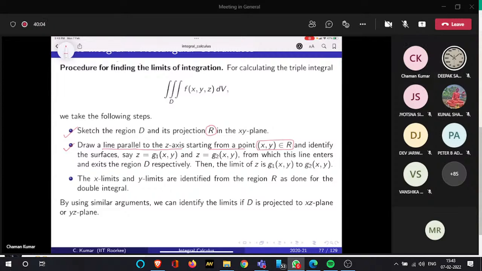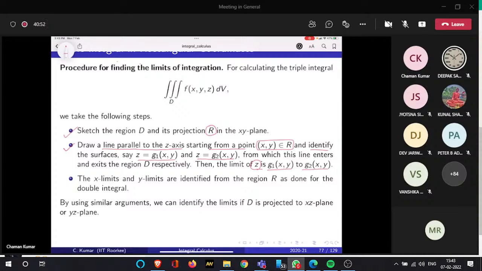Then identify the surface where this line enters the region D and the surface where it exits the region D. This gives you the range of Z. So if this line, which is parallel to the Z axis, enters the region on the surface z = g1(x, y) and exits the region on the surface z = g2(x, y), then the limit of Z will be from g1 to g2.